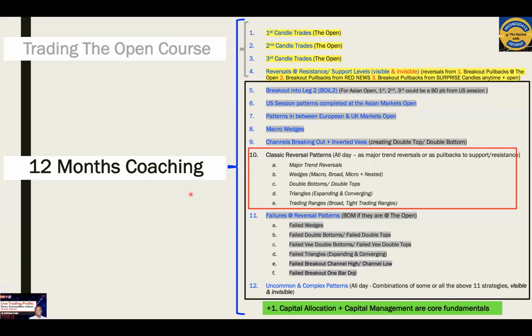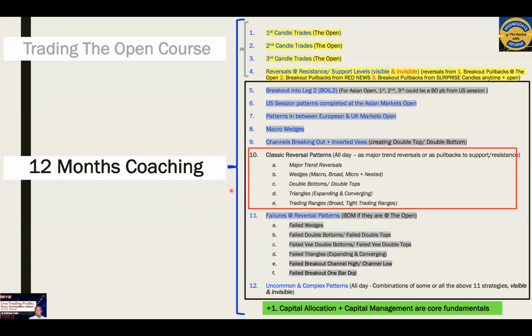It is very difficult to continually present one-day courses on each of these for a trader to grasp. You need the experience in the market. Now, the way that I've structured it is once you have the foundation, if you like, from the Trading the Open course, then you go into the 12 months of coaching, and we cover all of these strategies.